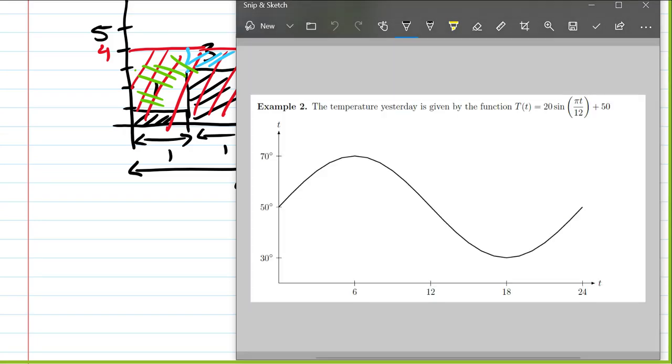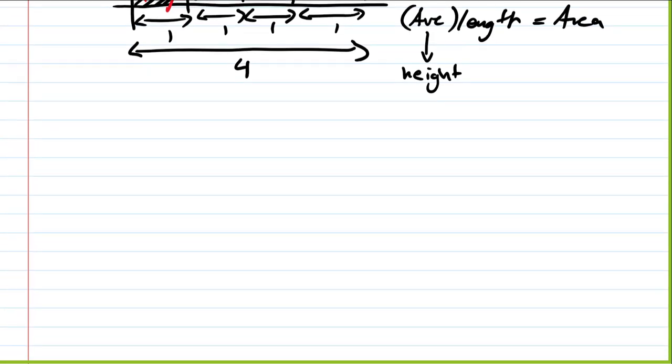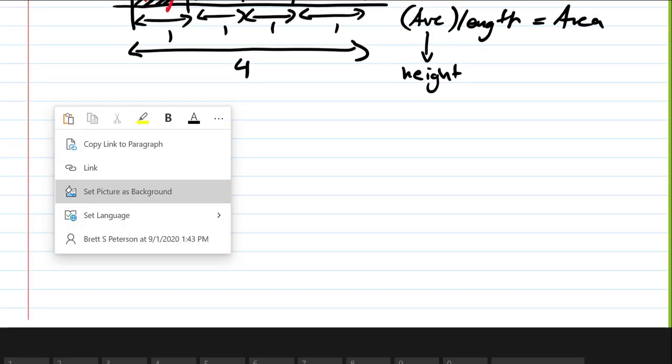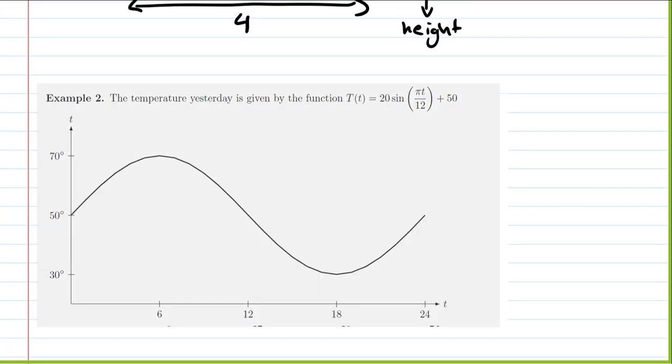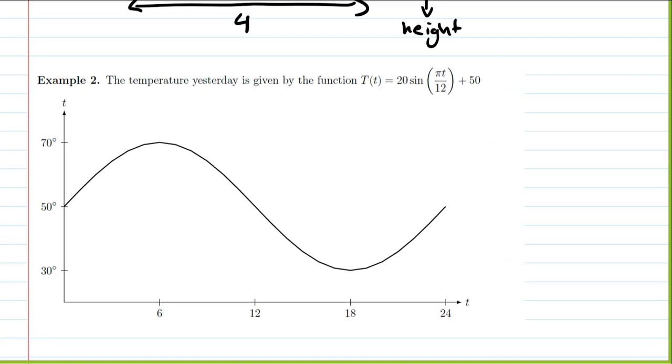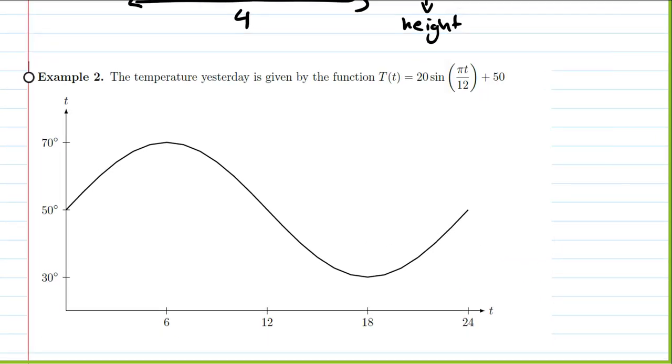So let's start with this graph and see what we get. Example 2: the temperature yesterday, I wish, not in Yuma. The temperature yesterday was given by capital T of t is 20 sine of pi times t over 12 plus 50.